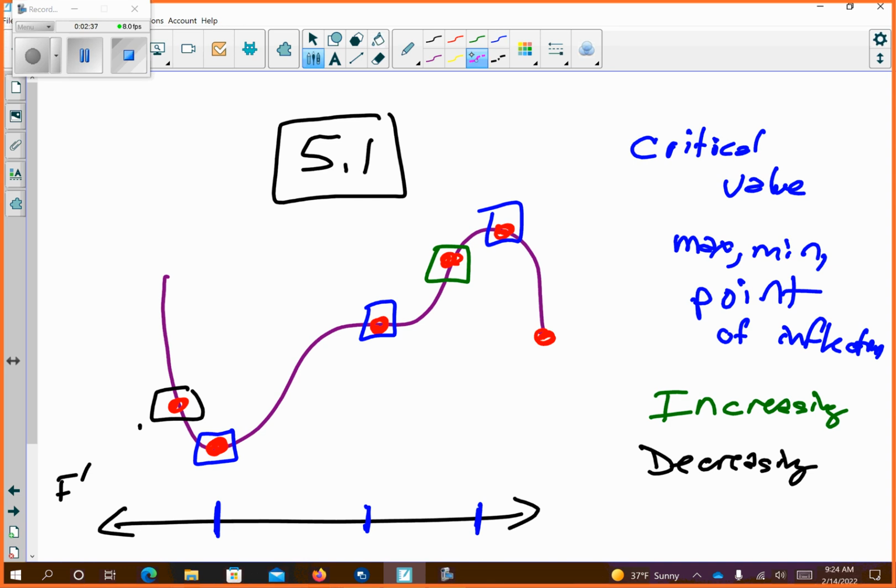Our local max, min, or point of inflection are there. The slope over here is negative, the slope in between here is positive, it hits a point of inflection, still stays with a positive slope, and goes negative. That's what our F prime, our first derivative chart, looks like.